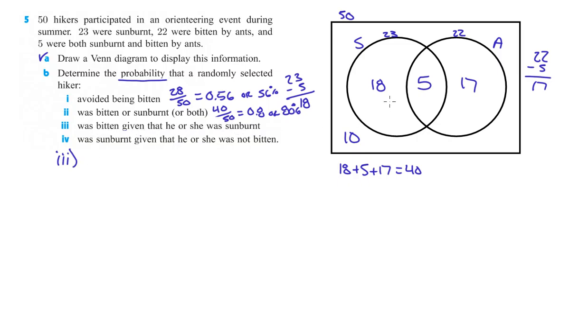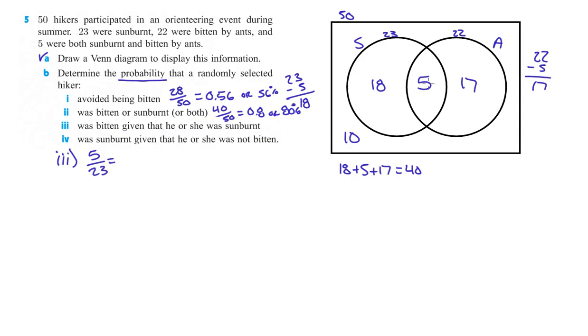Okay. So part 3 here, we're running out of room up there, was bitten given that he or she was sunburnt. So given that they were sunburnt, so only choosing out of these 23 people, how many of those were also bitten? It would be those 5 out of 23. Okay, so again, bitten given that they were sunburnt. So we're only choosing from the sunburnt people, which is all 23 of these. How many of those were also bitten?